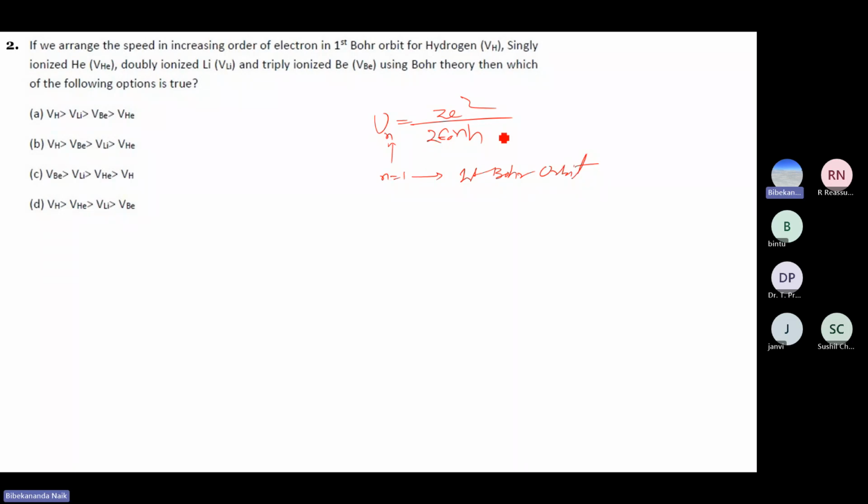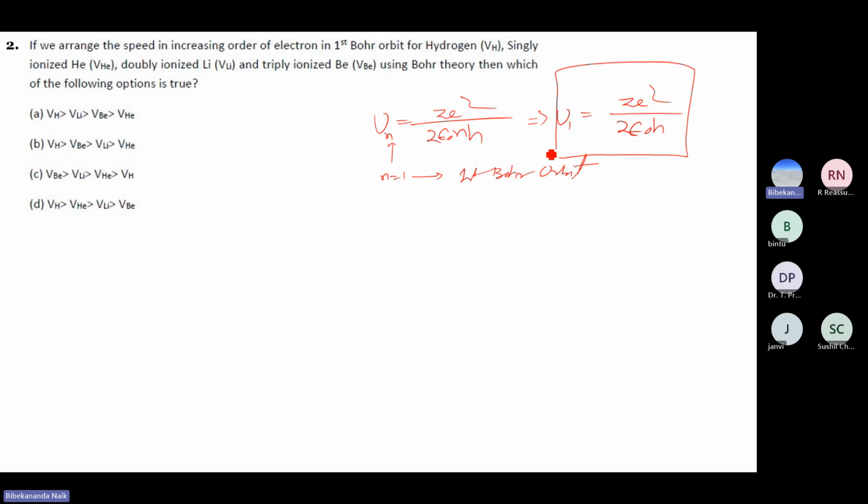So if you put n equal to 1, then V1 will be Z squared by 2 epsilon 0 h, because n equal to 1. Now can anyone tell me, in the expression for velocity or speed, which quantity is a variable? Whether epsilon naught is a variable, or h, or e, or Z?